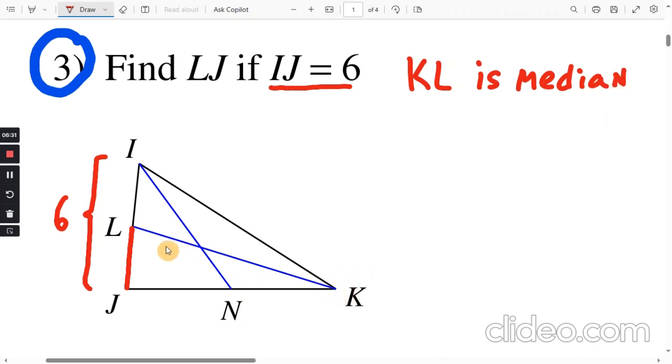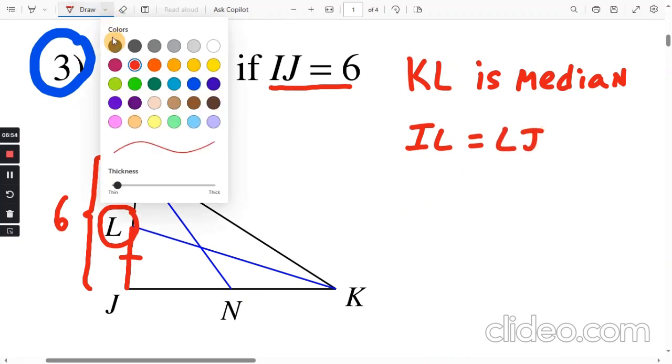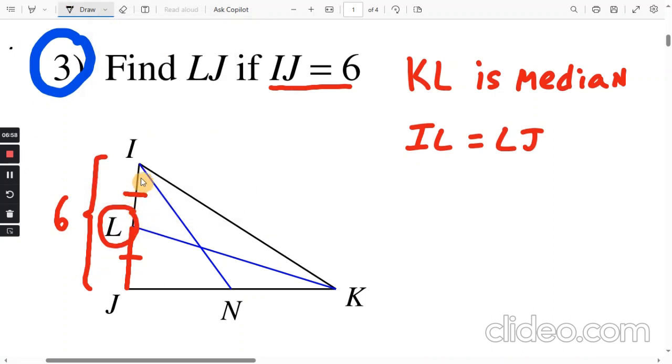Since KL is a median, we know that point L is a midpoint. And since L is a midpoint, that means IL and LJ are congruent. IL equals LJ. Now, if those two are congruent, each one is going to be half of 6.